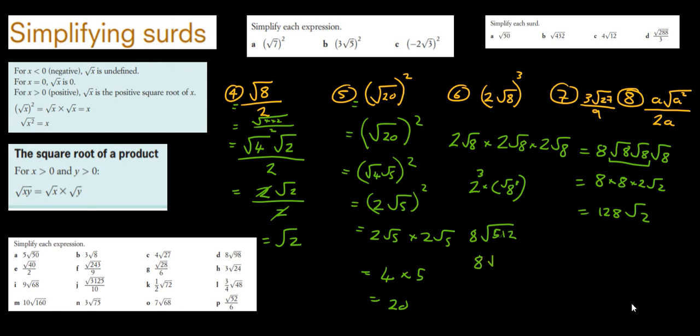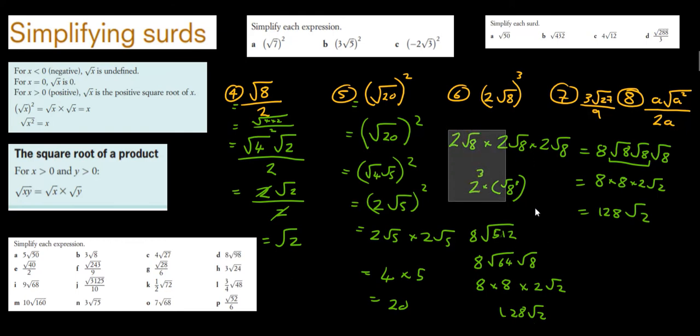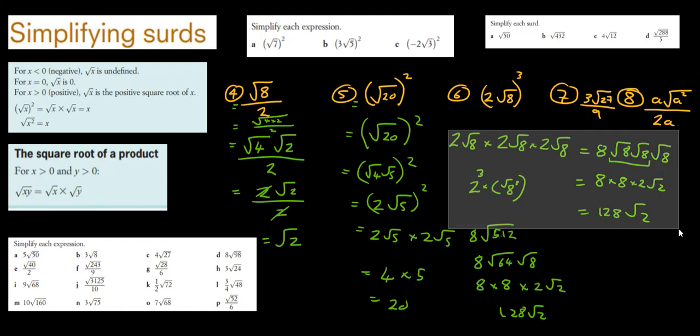So we can write 512 as 256 times 2, and we can rewrite this as 16 root 2, to give 128 root 2, which is the same as our example here. Okay, so I'm going to get rid of this and just leave the solution there.